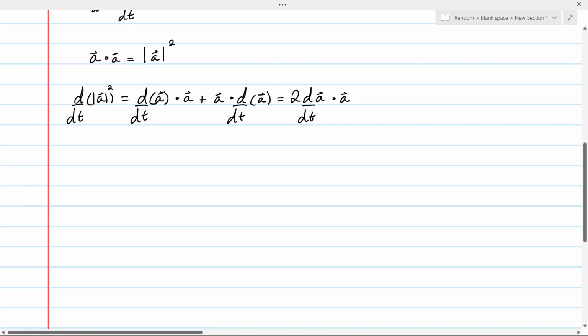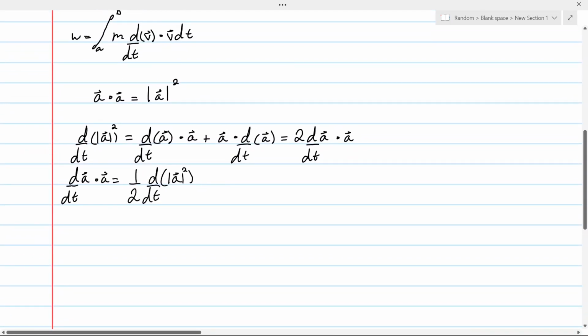So we can see that we could rewrite the time derivative of a dotted with a as 1/2 the time derivative of the norm of a squared.